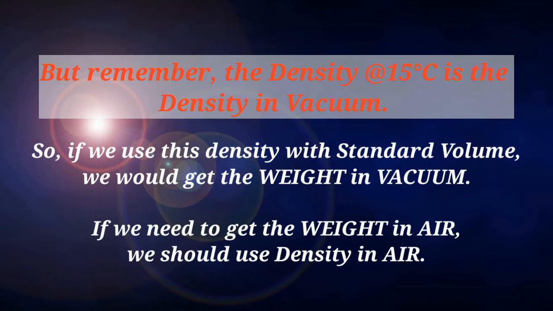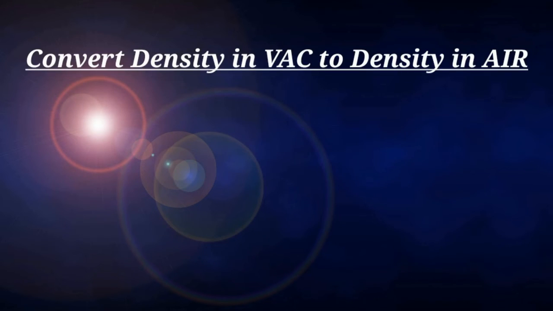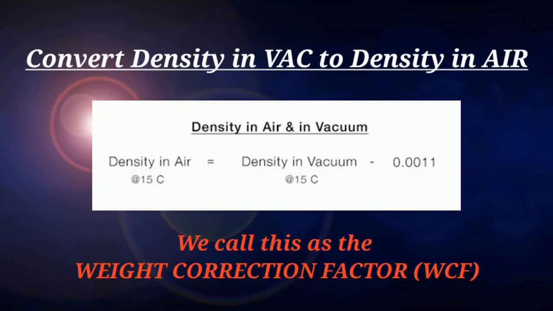So if we need to get the weight in air, we should use the density in air. What we do is convert the density in vacuum to density in air by using this formula, and we call this the weight correction factor.